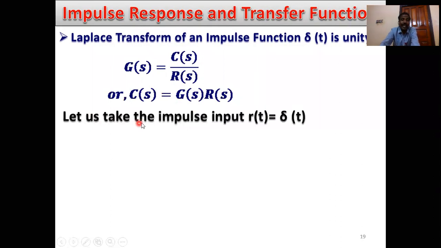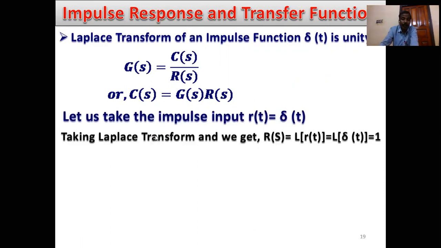Then let us take the simple input r(t) equals delta t, and taking the Laplace transform, r(t) is equivalent to R(S), and the Laplace transform of delta t is also 1.